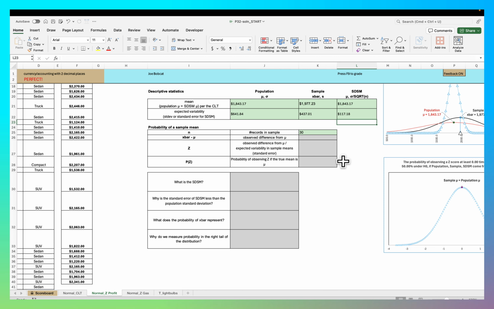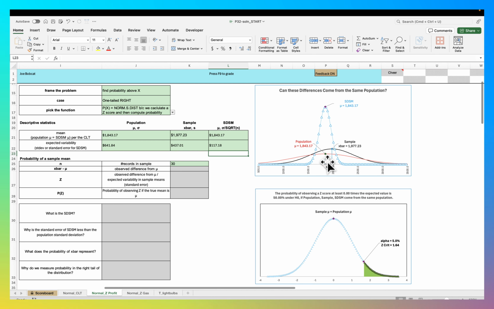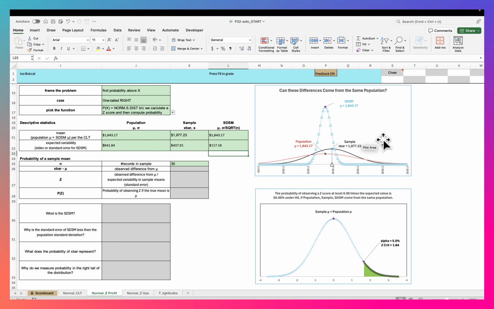All right. Now, this is really neat because we now have a visual of what we've just done. So here's how to think of it. The red line is the population with its mean at 1843. The black line is our sample. That's the sample data, and its mean is 1977.